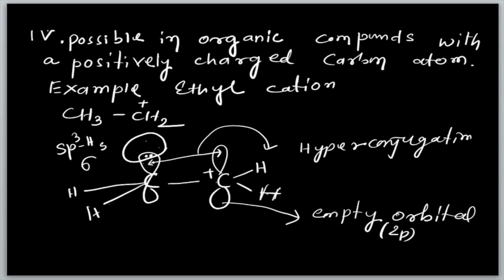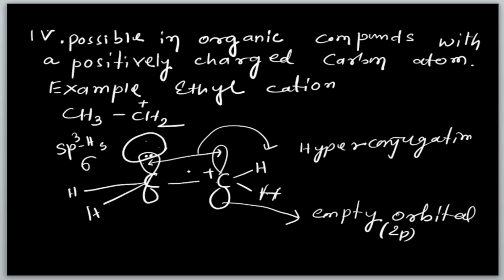Now between this orbital and this orbital, with one electron less, this is called hyperconjugation. Here an empty orbital is present because of the loss of electron, occupying positive charge, that is an empty p orbital.